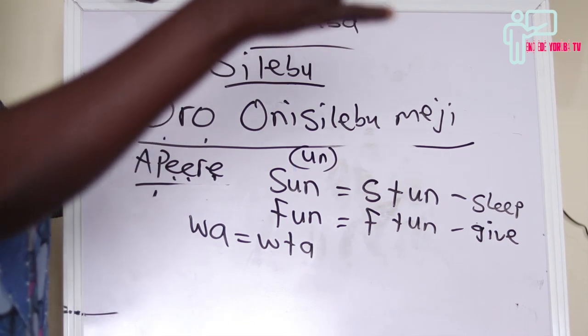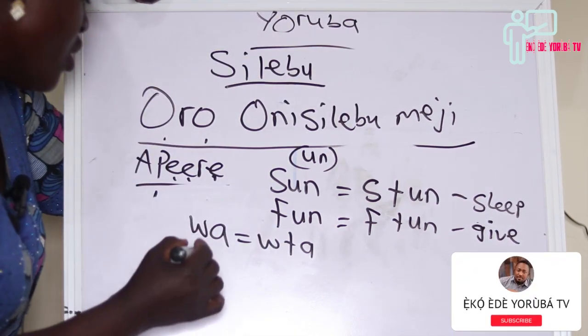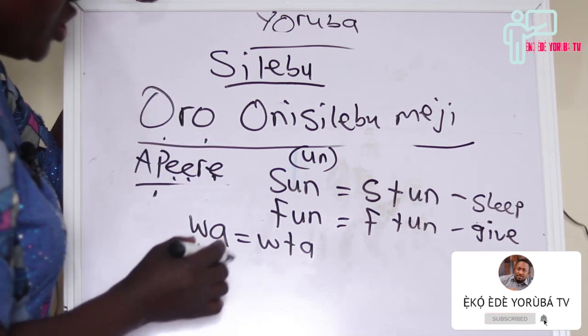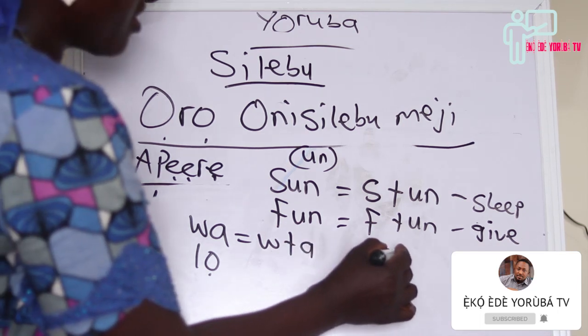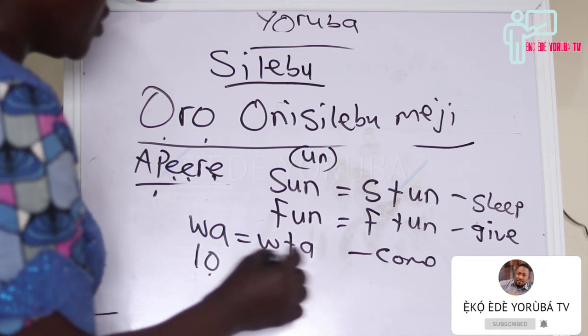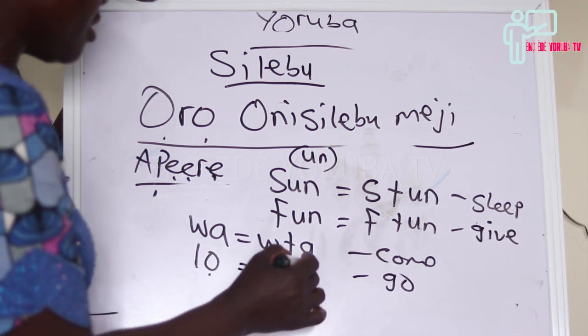Wa lọ. You want to join the two together, lo, go, which is come. This one is come, which is calm. Lo, go, that is li plus o.